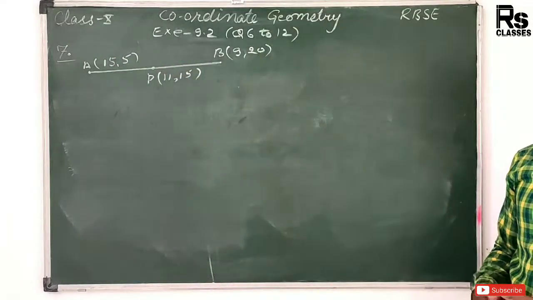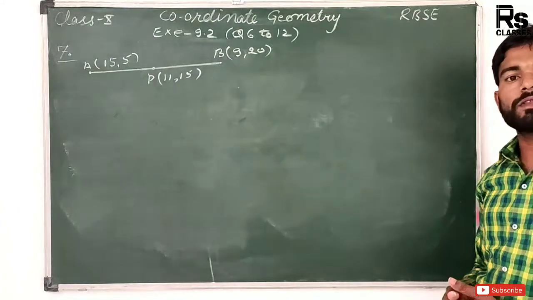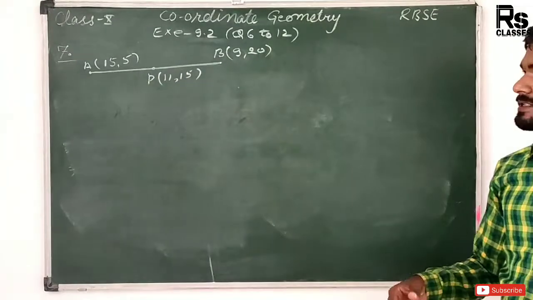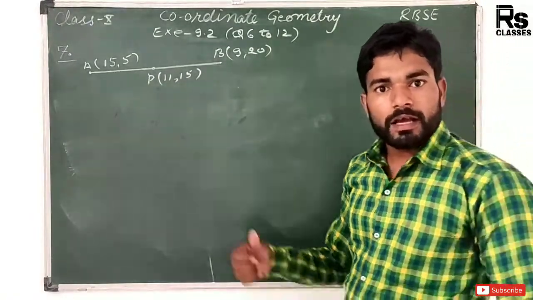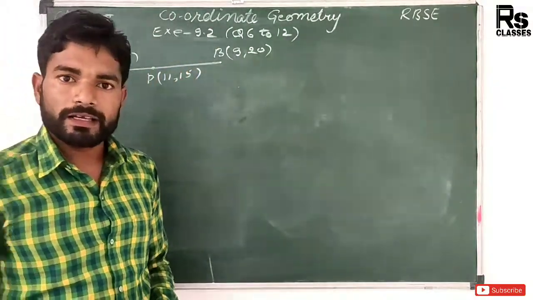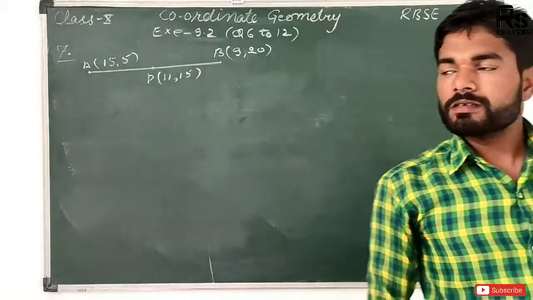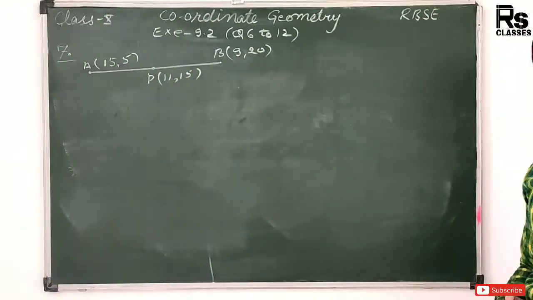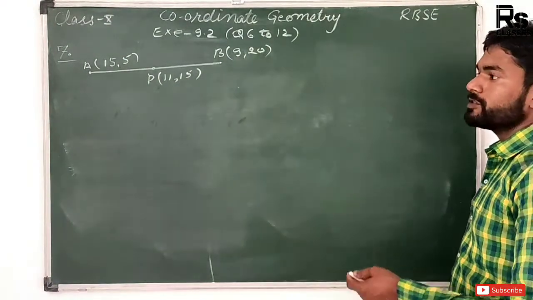So let's consider, we will use the general formula of the internal section. If our answer is positive, then it means this is an internal ratio, and if our answer comes with a minus symbol, then it means the ratio is external. So let's start. I am using the section formula.